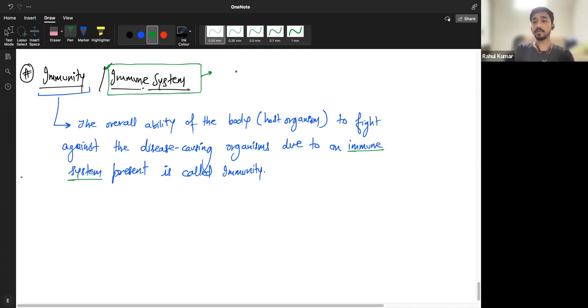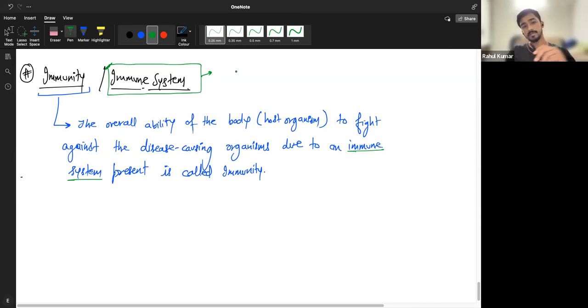Yes, it's like the outer covering, which is actually dead, so it comes under a physical barrier. The outer layer of our skin is dead. That's why any bacteria or virus that lands on our skin cannot affect us directly from outside, because it cannot enter a living cell and start multiplying.